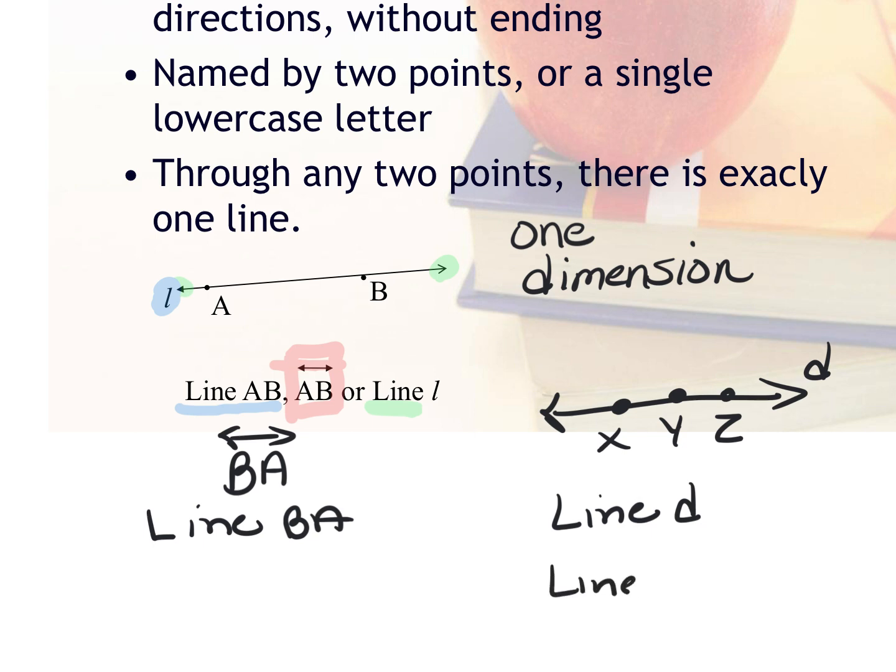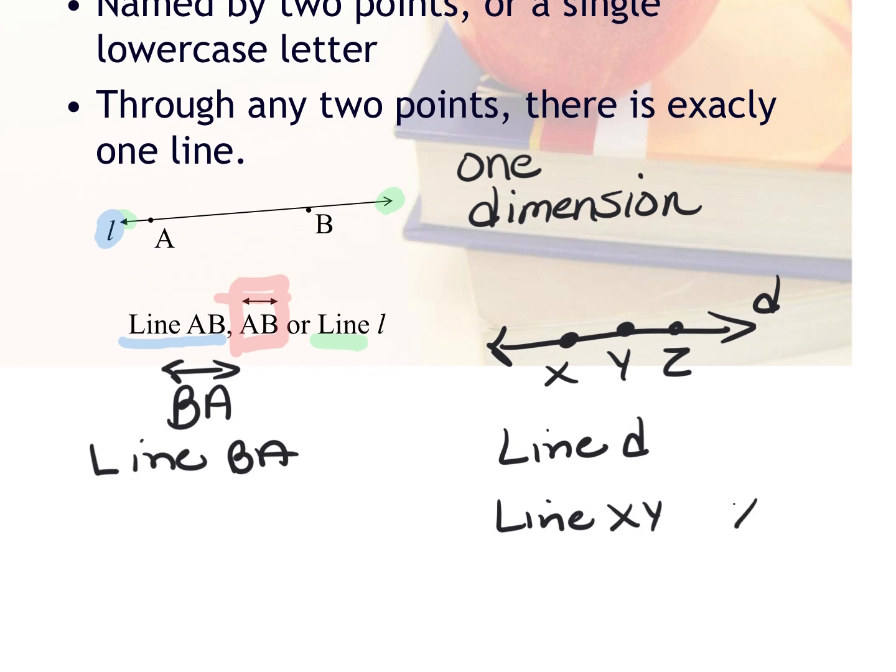Either write the word line and then 2 of the points, or put the 2 points with the picture of the line on top. All of these would be acceptable names for that picture. You could have also called it YZ, but make sure you include the picture of the line on top or the word in front.